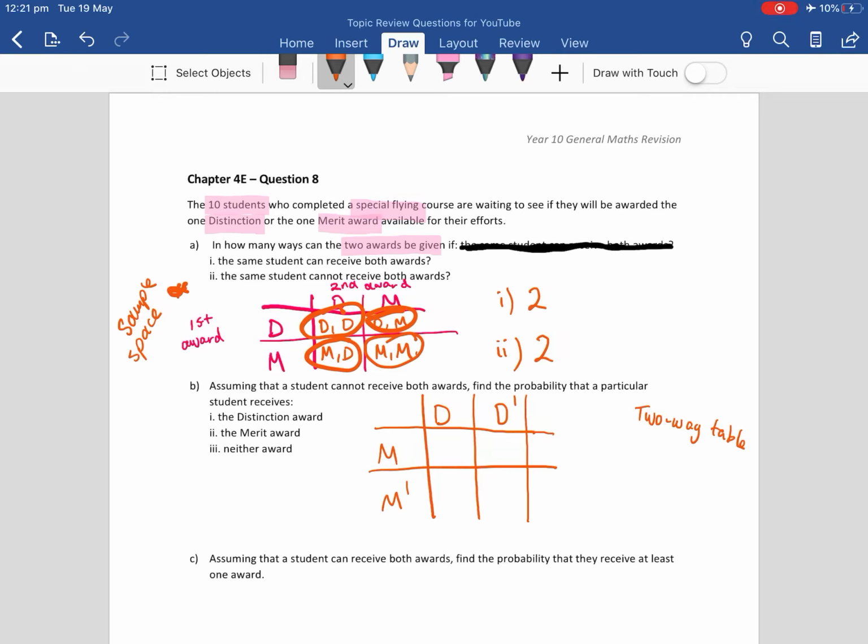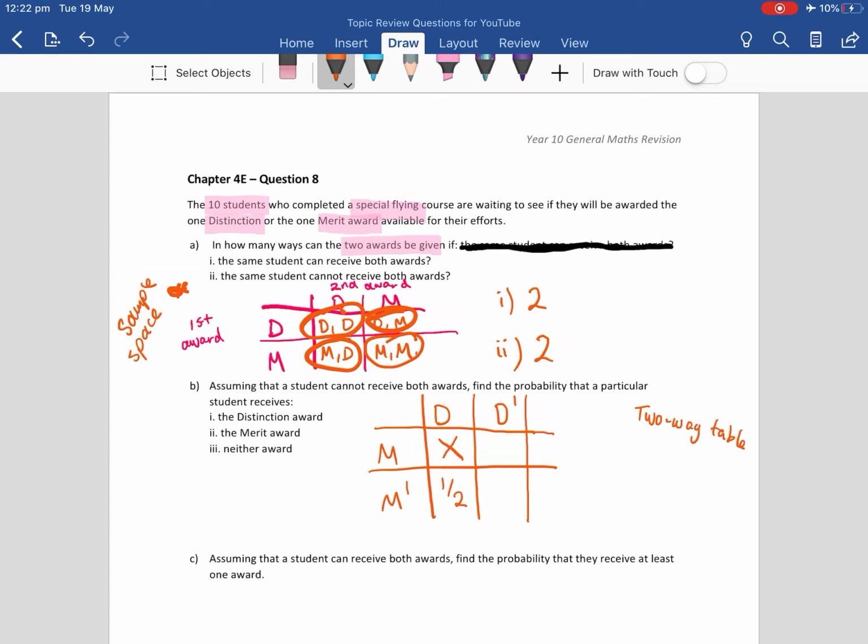So, assuming that a student cannot receive both awards, so they can't get a distinction and then another distinction, find the probability that a student receives the distinction award. Okay, they cannot receive both, so we're going to put a little cross through there because that would mean they get a distinction and a merit. They might get a distinction award here and not a merit, so that's half a chance, isn't it? Because there's only 2 different awards you could get.